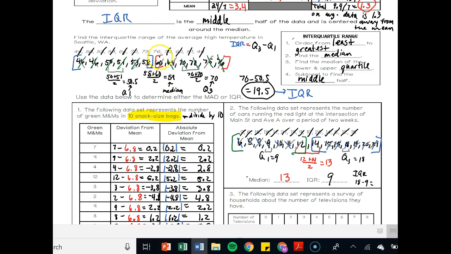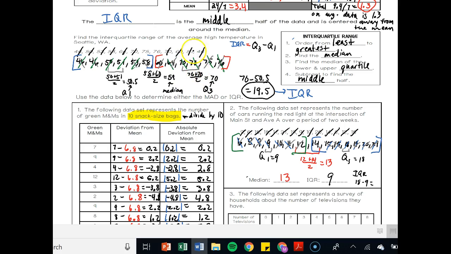Now that I found the median, I want to take the first half of the data, find the median of that, and then take the second half of the data and find the median of that. The median of the first half of the data, if I cross out 46, 46, 53, 58, is 50 and 51. Add them together, divide by 2, you get 50.5. The median of the second half, if I cross off 60 and 64, 75 and 76, I have 70 and 70.